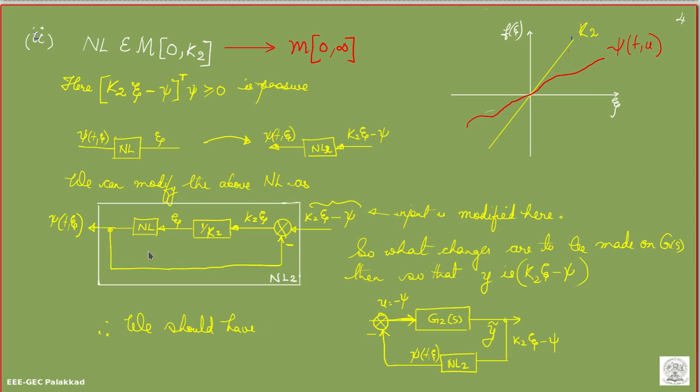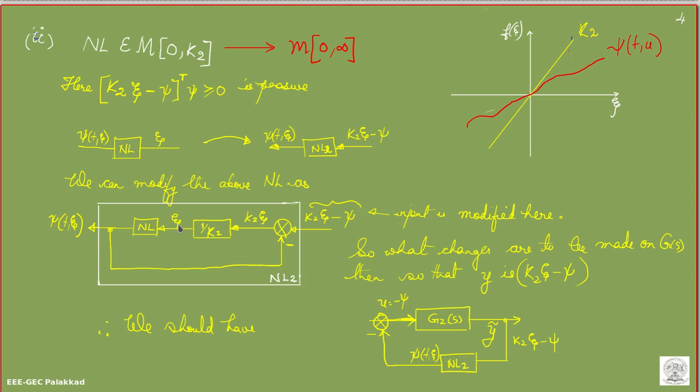So what changes have to be done to the nonlinearity here? In order to make that correct, if I want an input k2 zeta minus xi and the output is zeta, if the input to the actual nonlinearity is zeta, the output was psi. So this much part you know.